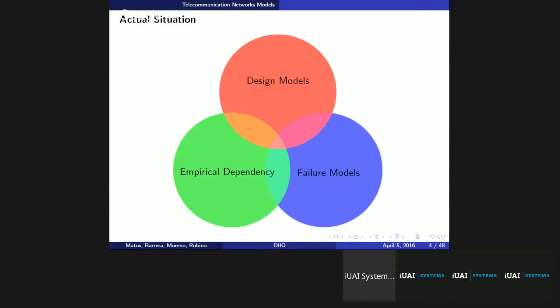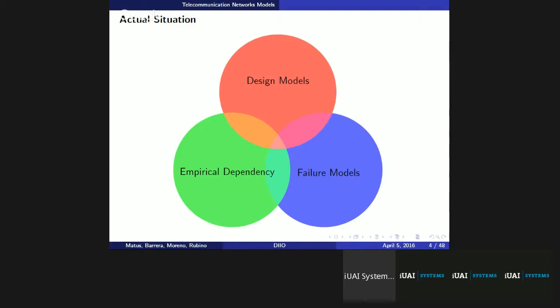That is the actual situation of the design of telecommunication networks. On this side we have the empirical dependency. In the papers, we observe an empirical dependency. The dependency exists, but we don't consider it in the models for design, only in models for study. We have failure models like the beta model, the independent model, and others, and we have design models.